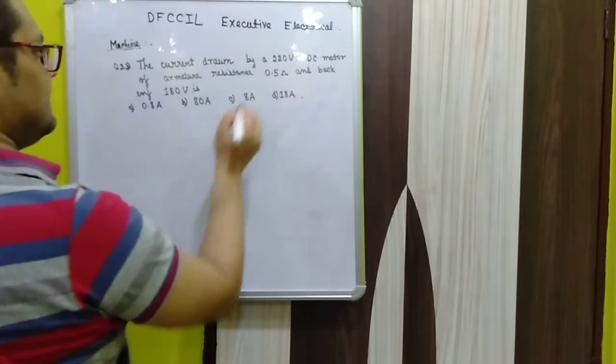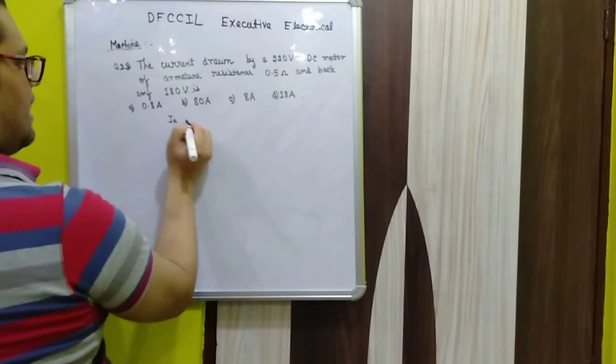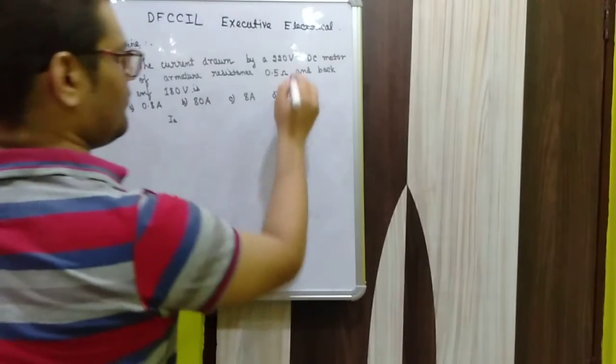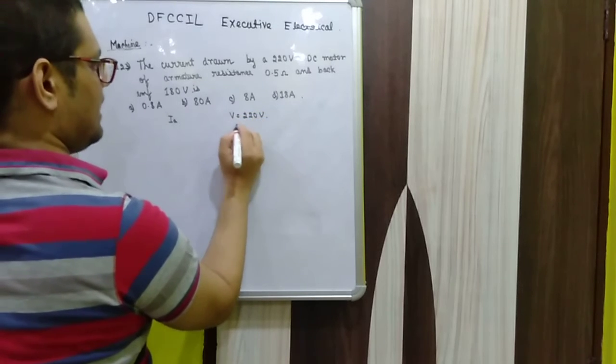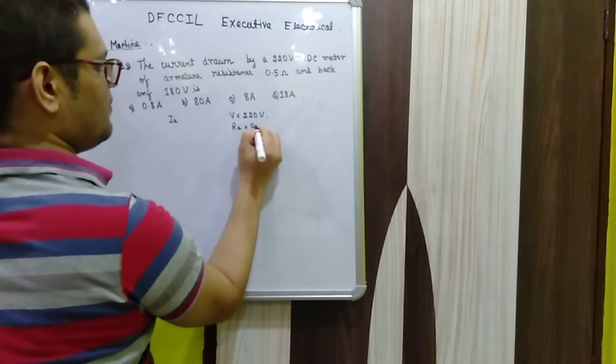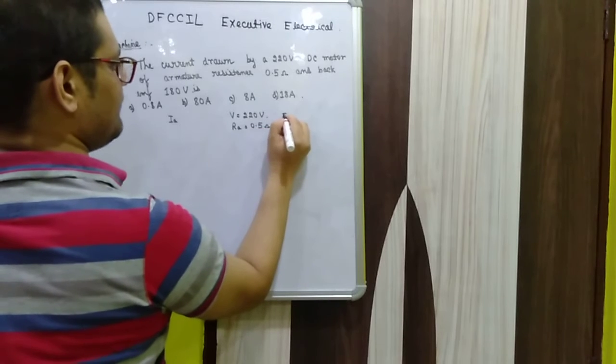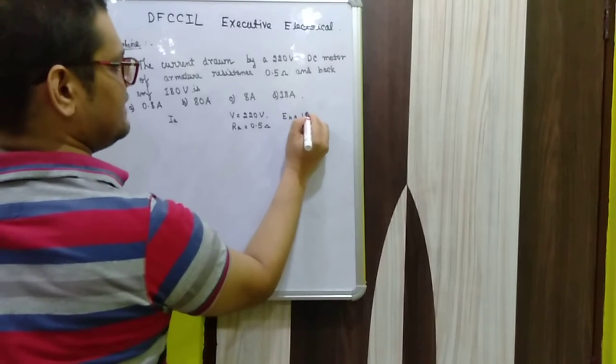So what are they asking? They are asking the armature current. The given values: voltage is 220 volt, the armature resistance is 0.5 ohm, and back EMF is 180 volt.